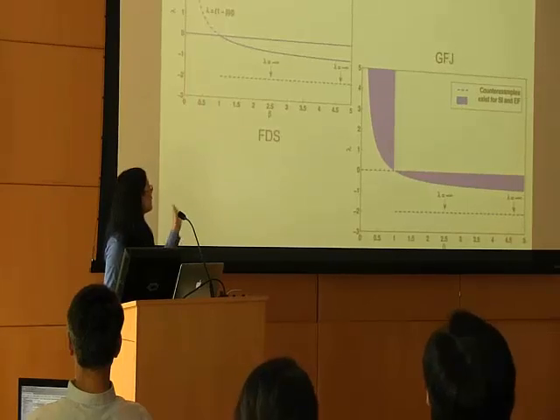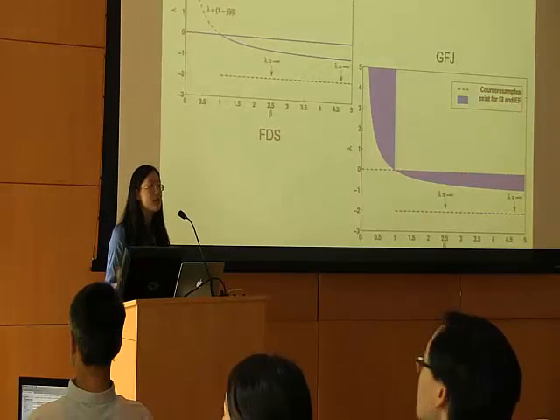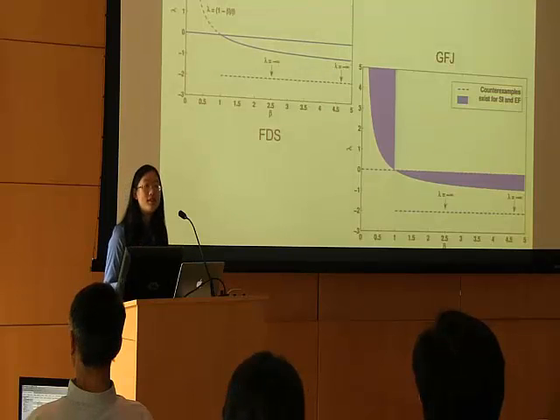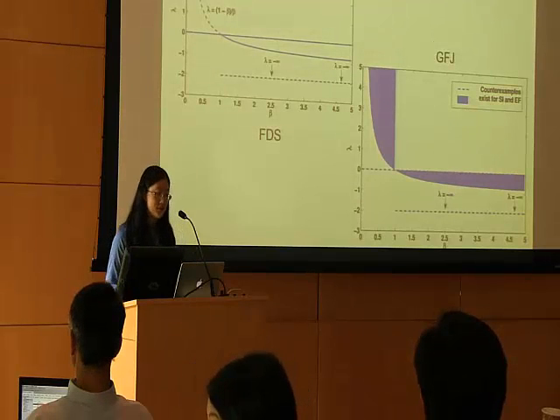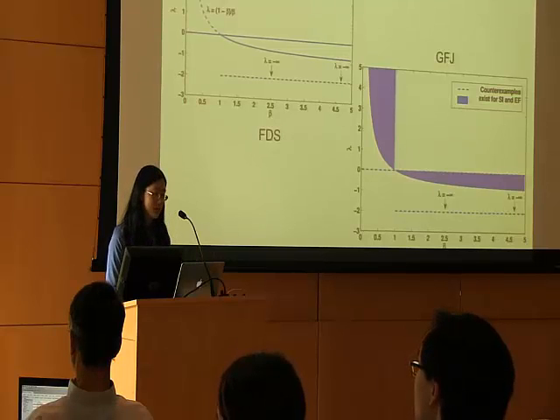On the other hand, if you look at fairness on dominant shares, you do find parameter values where you can prove that sharing incentive and envy freeness do hold whenever you do this sort of multi-resource allocation. So in that sense, if you want these properties to hold, maybe it's better to look at fairness on dominant shares instead of generalized fairness on jobs.